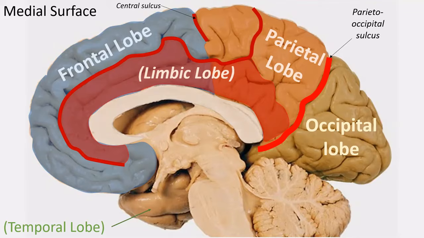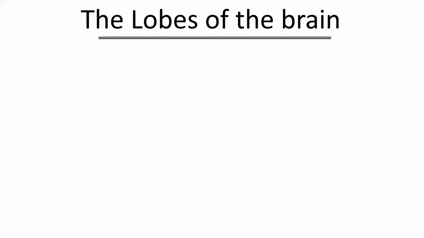The limbic lobe is actually a collection of structures located along the midline that are responsible for emotions and memory, and also play an important role in olfaction. So that's the limbic lobe, which can be considered a sixth lobe or can be considered part of the medial frontal lobe and parietal lobe.